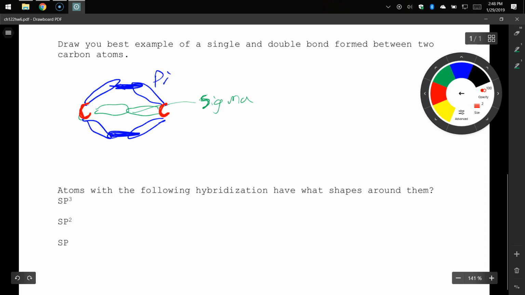Okay, so what does the sp3 hybridization shape look like? It's a circle for the sigma, for round, and then there's 3 little teardrops. It's a tetrahedral.